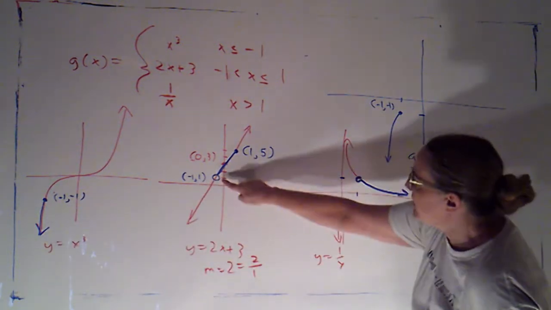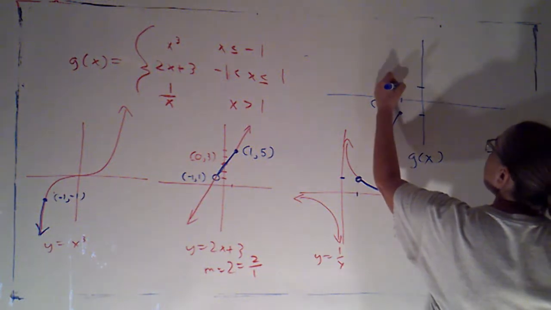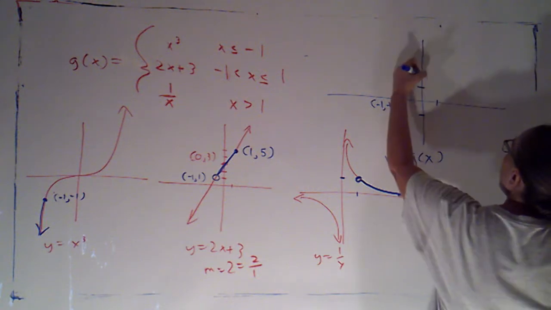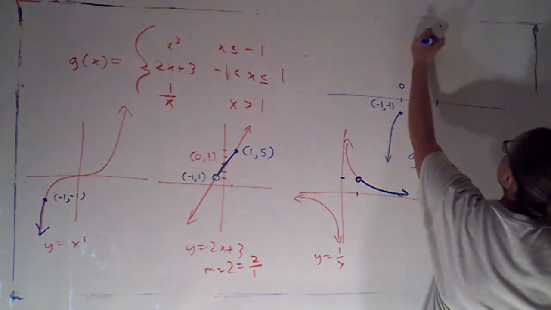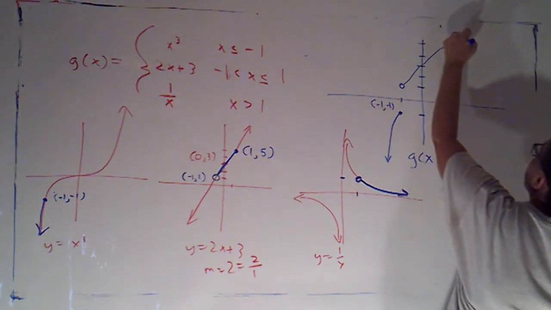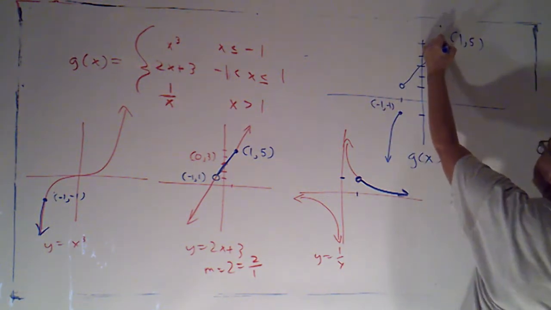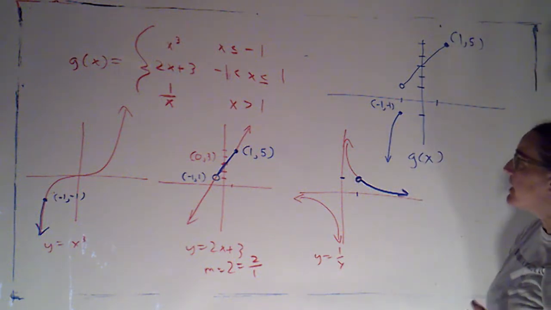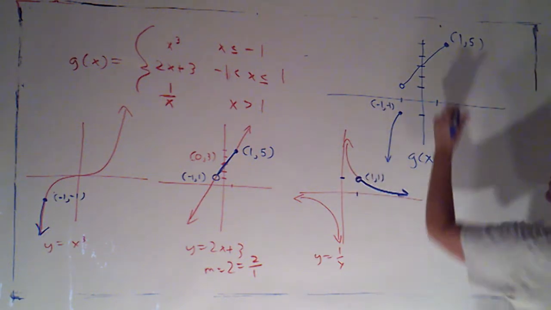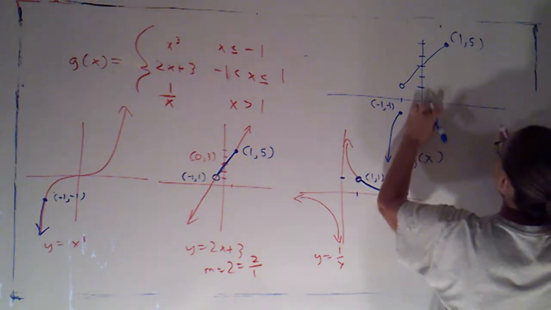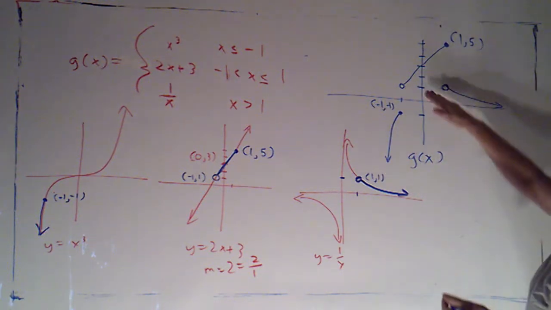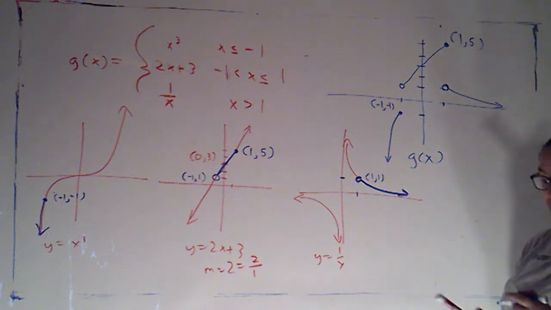Then we jump up to a hole at -1, 1, and we follow this line to a point at 1, 5, which is a filled-in point. Then we jump down to a hole at 1, 1. I probably should have labeled that, and we'll follow the reciprocal graph from there.